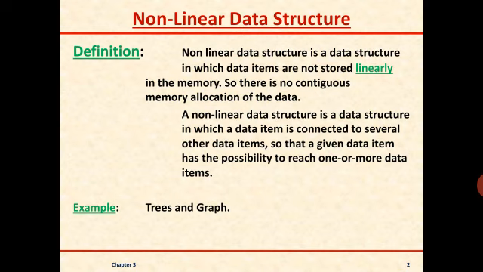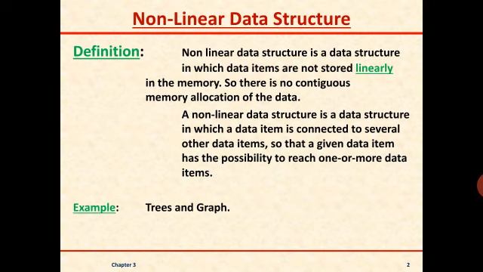Whenever we want to store a data item in memory, we must know its size in advance, and that is not required in case of non-linear data structures. But along with the advantages, there is also one disadvantage: the link to the next data item is a little difficult to understand in non-linear data structures. Now let us understand the examples in brief. Only theory is given, there are no programs on tree and graph.